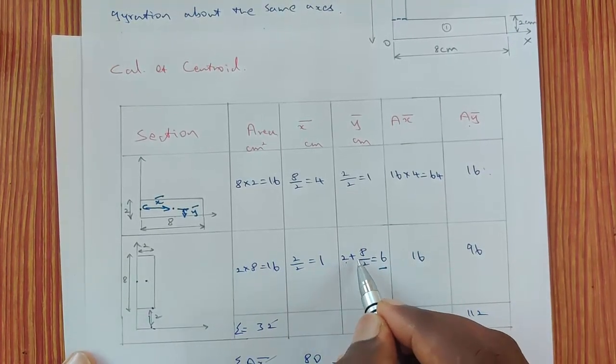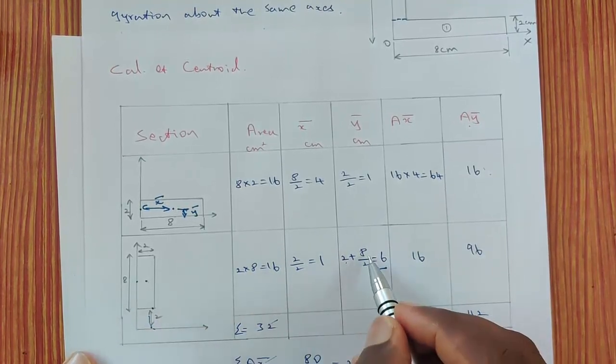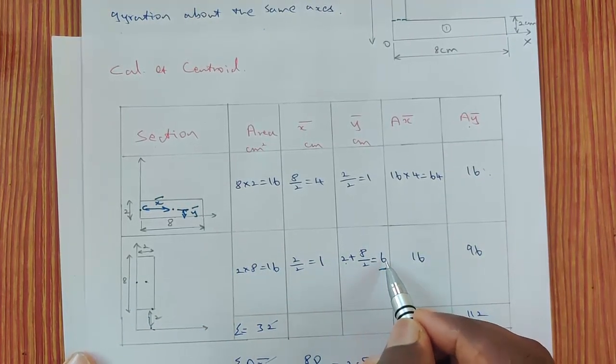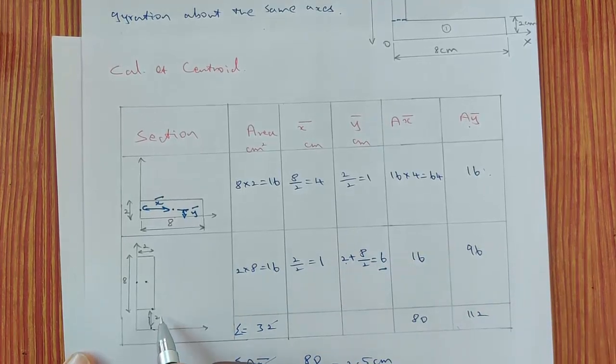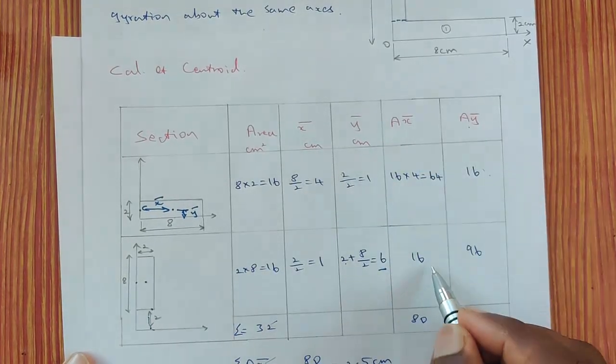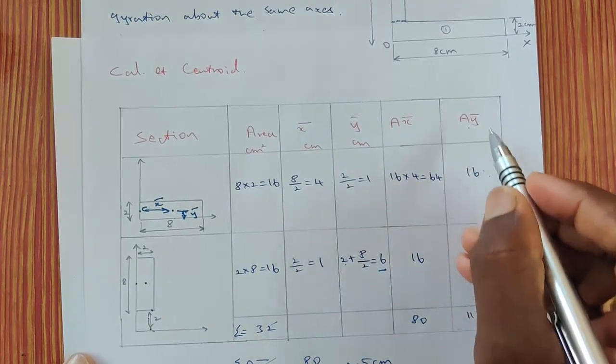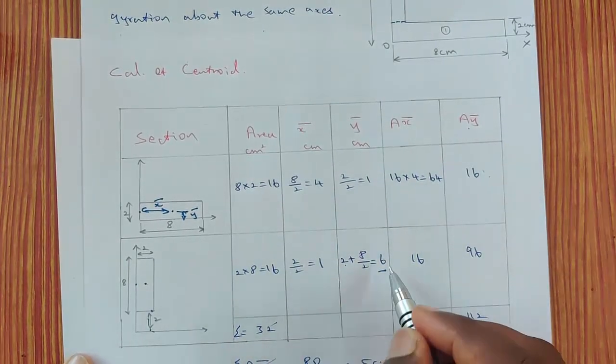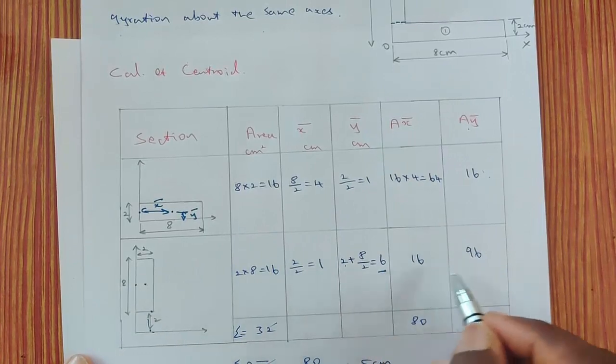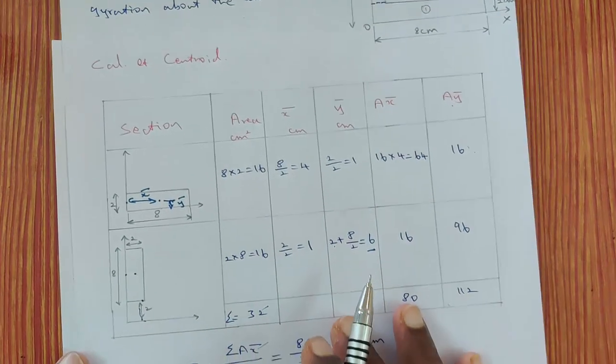So put 2 plus, then the overall height is 8, so 8 divided by 2 is 4, giving 6. Here ax bar is area times x bar, it is 16, and ay bar is area times y bar. So 16 into 6 is equal to 96.